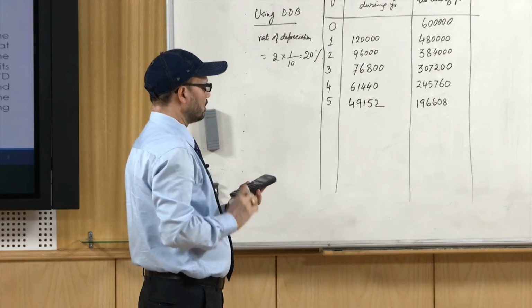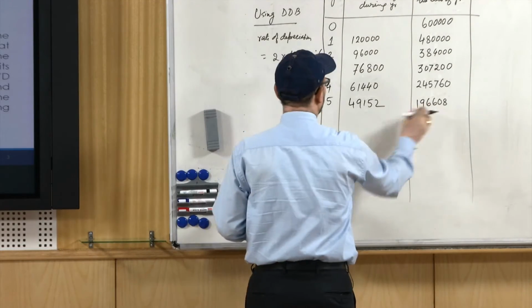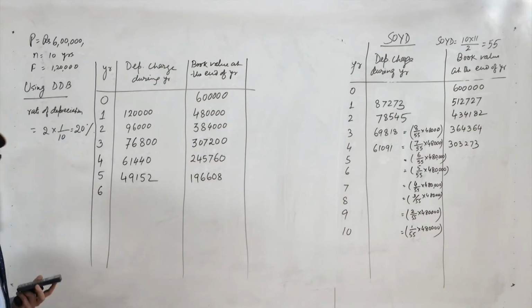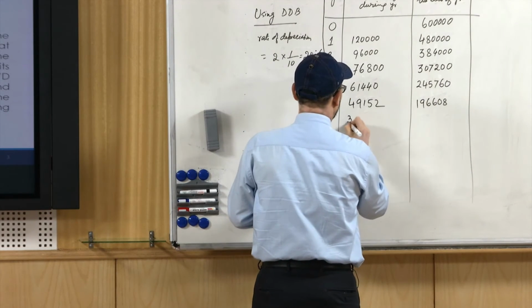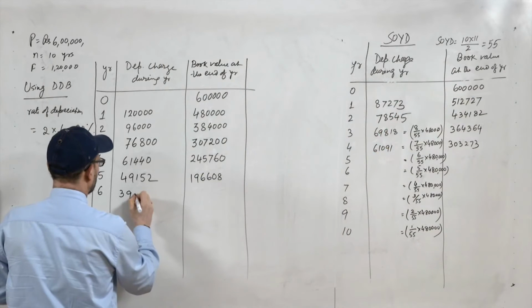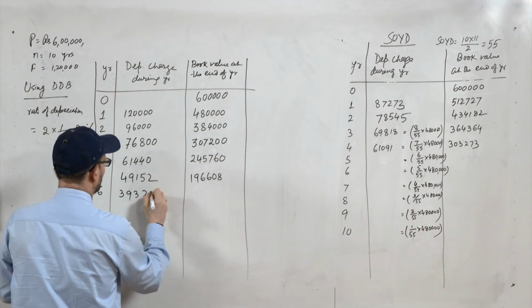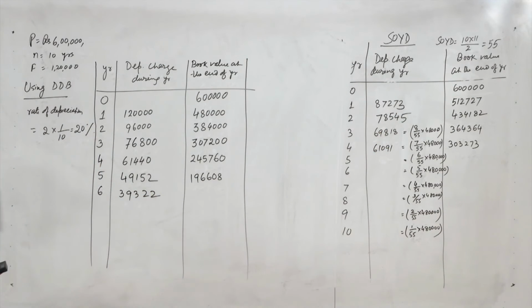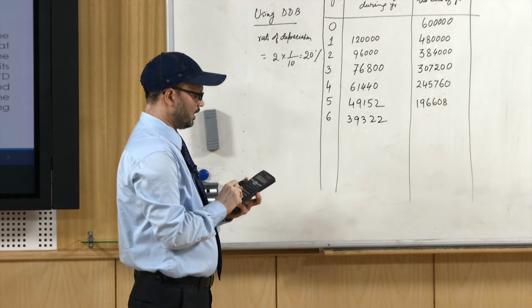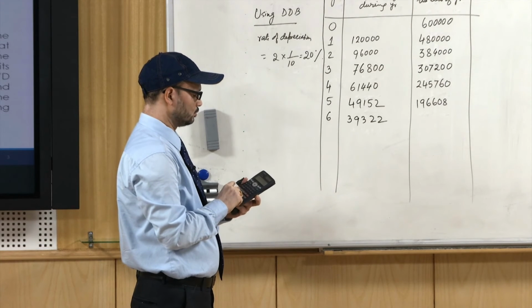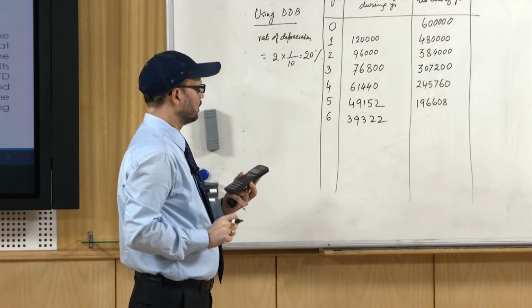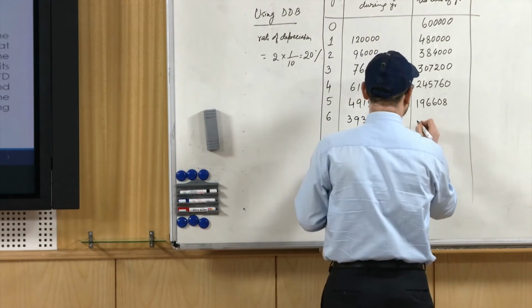Now, the 20% of this will be depreciation charge during the year 6, it will be 39,322. So, 196,608 minus 39,322, it will be 157,286.